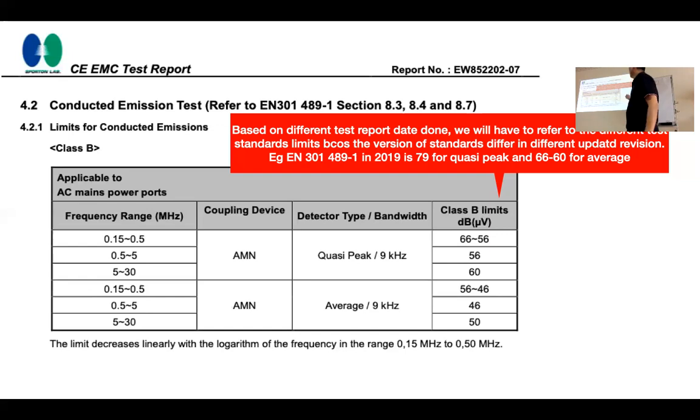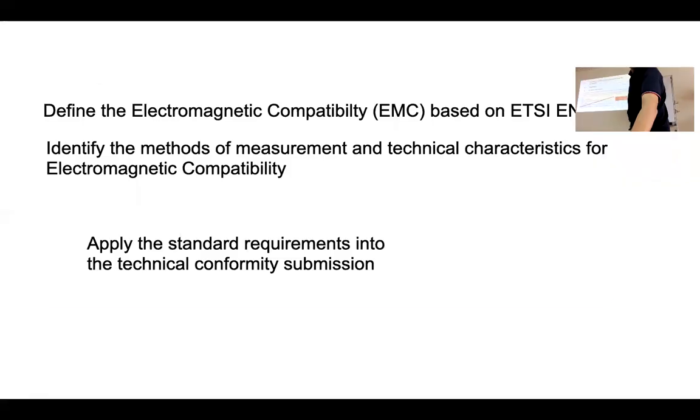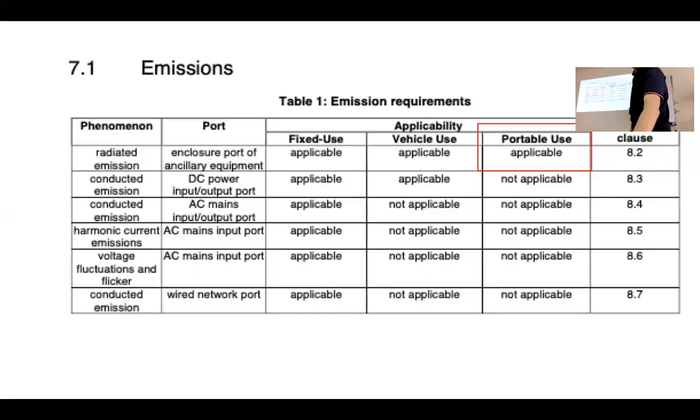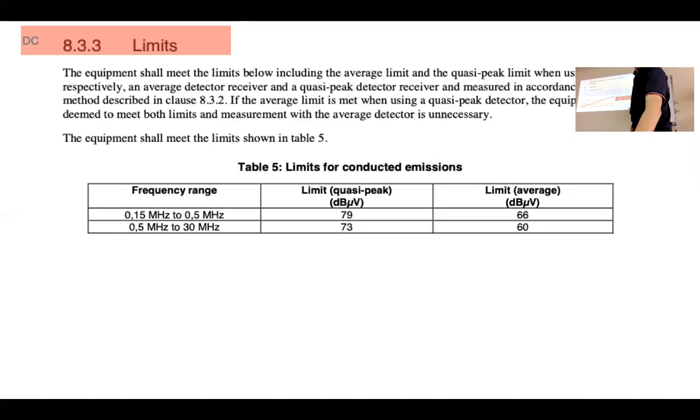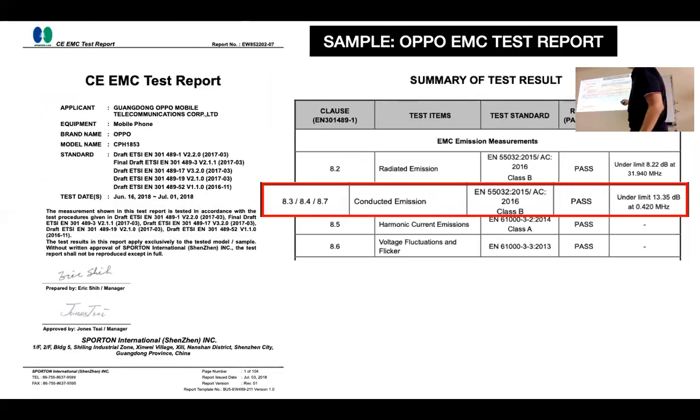Okay? Kita punya tadi yang kata this EN standard is version berapa? 223. Dia punya, kalau you tengok dia punya test, equipment test is based on 220 atau 211.